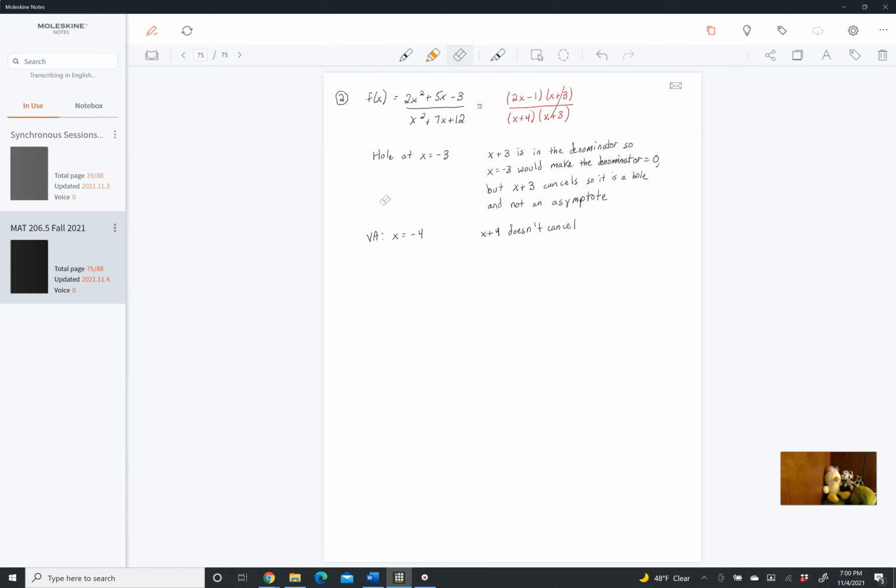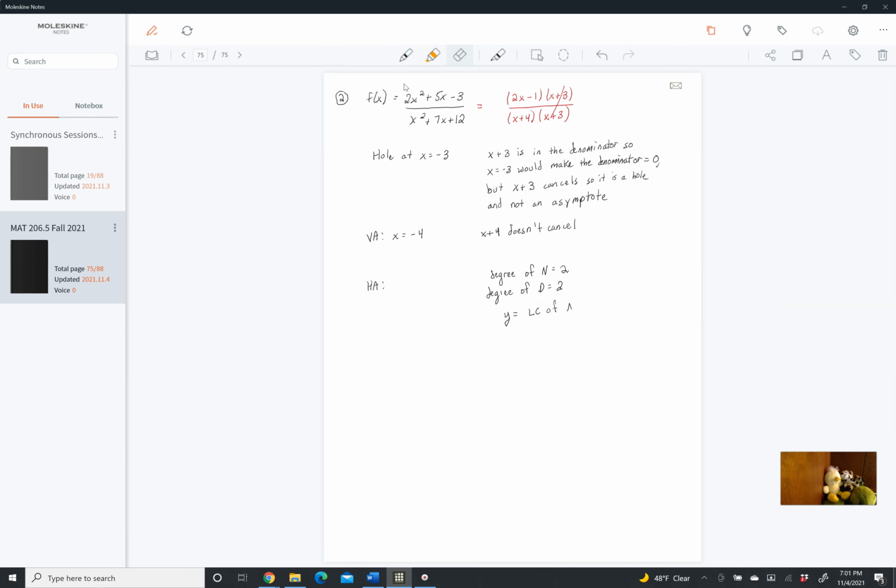Okay, horizontal asymptote. Let's look at the degrees. The degree of the numerator is equal to 2. Remember, highest power. The degree of the denominator is also equal to 2. So we're going to look at the ratio of the leading coefficients.